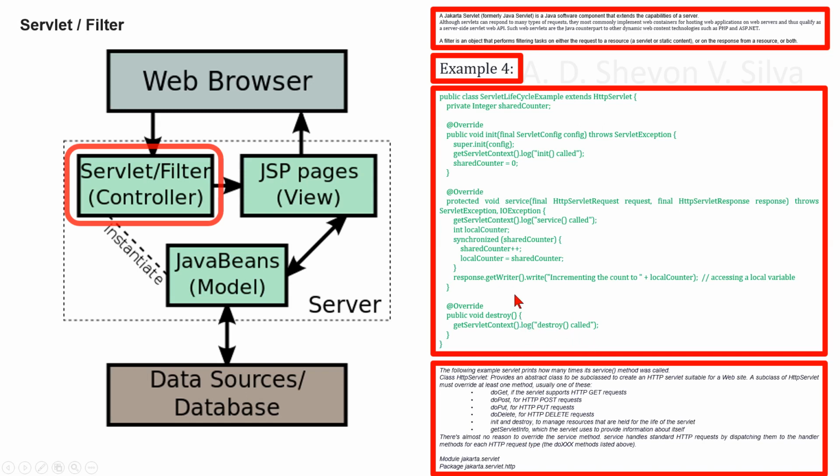There's almost no reason to override the service method. Service handles HTTP requests by dispatching them to the handler methods for each HTTP request type. The doXxx methods, listed previously here.